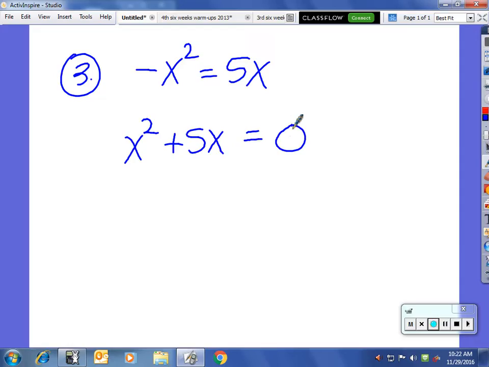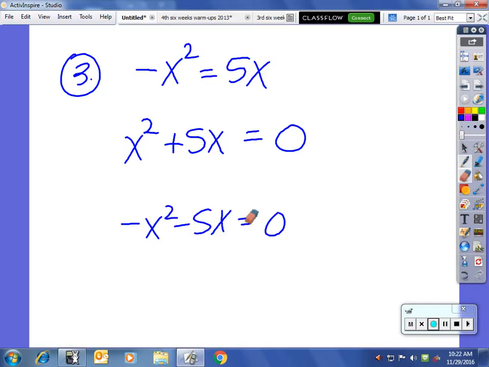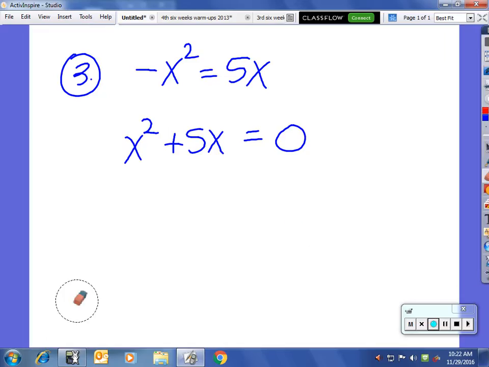Do you see what he did there? Now we also could do this: negative x squared minus 5x equals 0. That's going to give me the same 2 answers. Which one's easier to factor though? The one that's got a positive number in front of x squared. So we always want to choose to move stuff to make the x squared term, the a value, positive. All right, here's everybody's favorite kind of factoring.